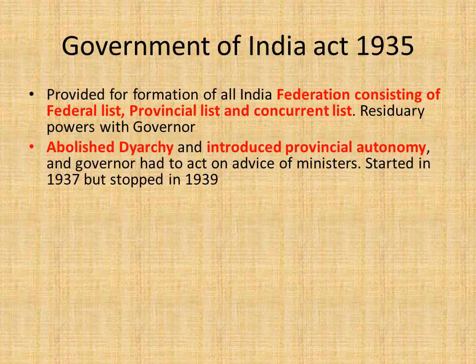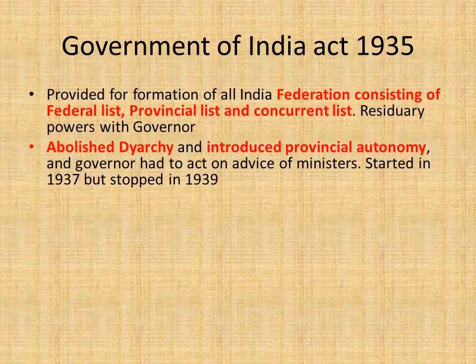But that system was abolished and the provinces were given provincial autonomy. Now the governor had to take the advice of ministers in all the subjects. This system was started in 1937 but was stopped in 1939. So you must remember that double government, dual rule or diarchy was introduced in 1919 and it was abolished in 1935.